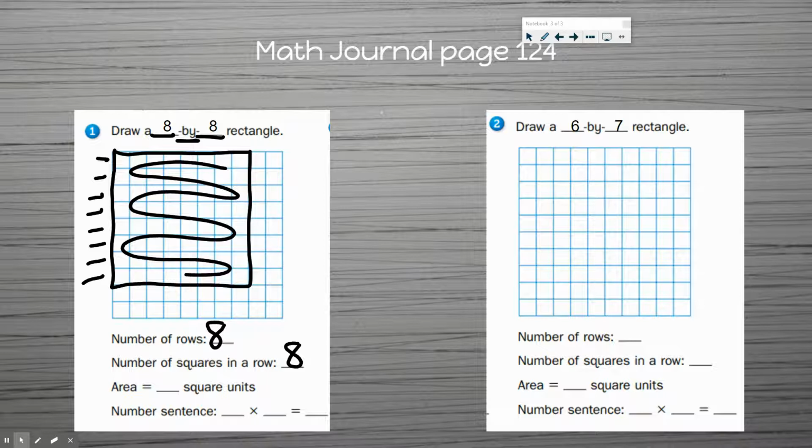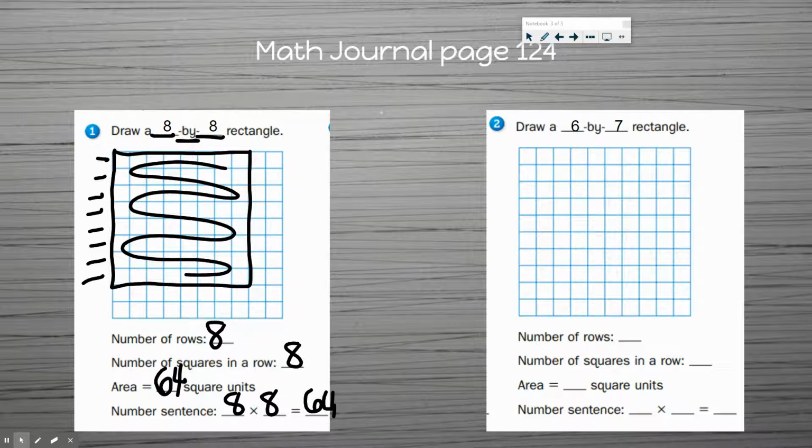So I can count this. And when I count all of it together, it's going to be 64. And my number sentence is going to be 8 times 8 equals 64. So the area of this 8 by 8 rectangle is 64 square units.